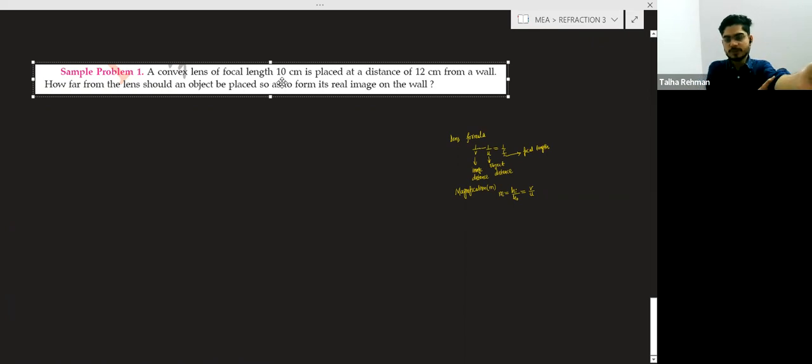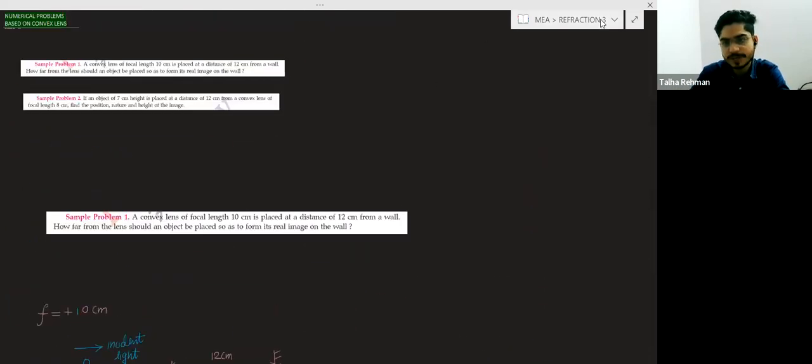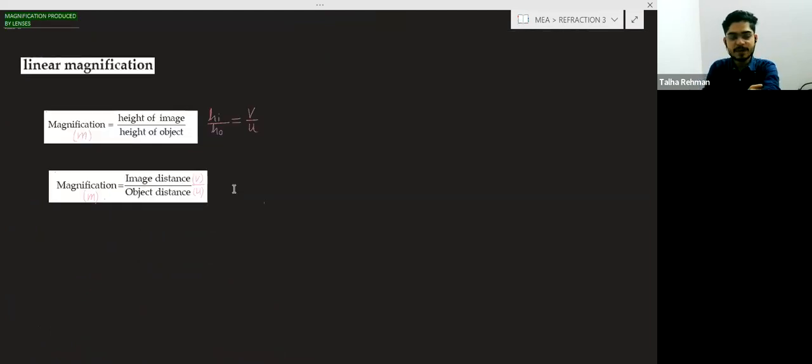So all of you now focus. A convex lens of focal length 10 centimeter is placed at a distance of 12 centimeter from a wall. How far from the lens should an object be placed so as to form its real image on the wall? In the magnification, I think I have written one more point, so add it.